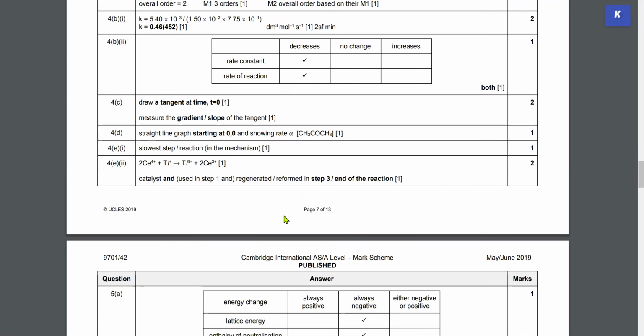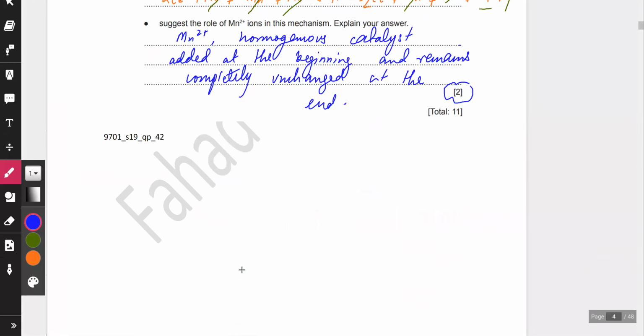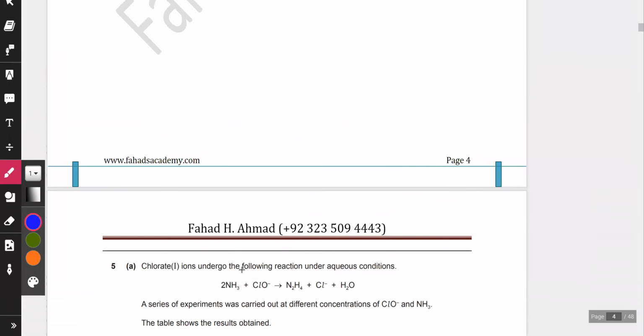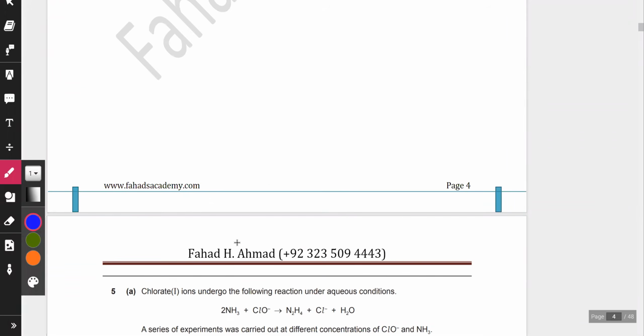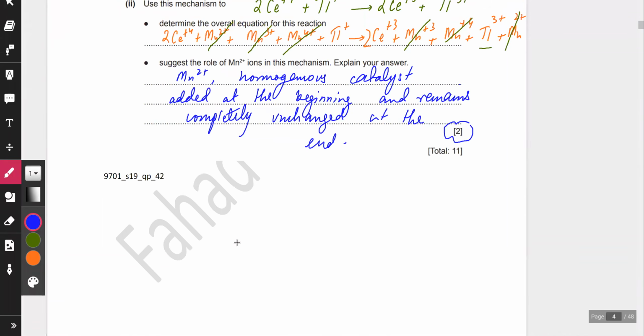And it's reformed at the end of the reaction: you added it at the start and it's again present at the end of the reaction. So remains unchanged. It's better to write homogeneous. The marking scheme didn't write Mn2+, because it was already given in the question, suggest the role of Mn2+.